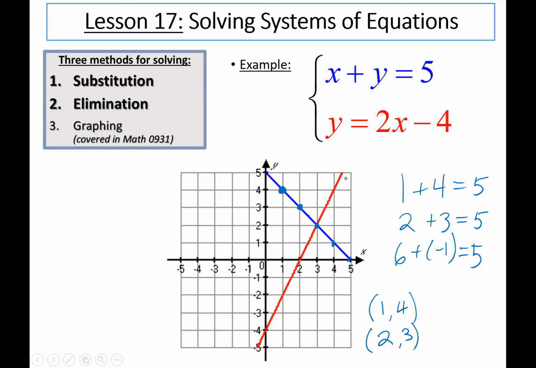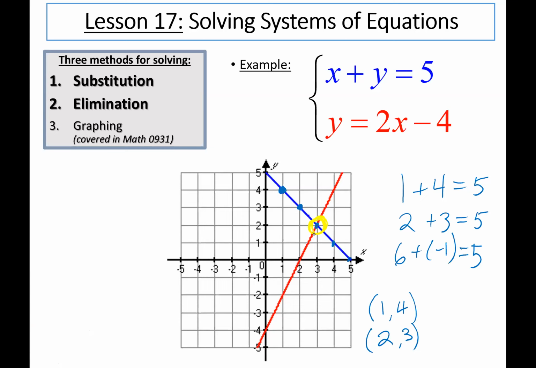Now, the main takeaway from looking at this graph example, kind of out of nowhere, because you haven't officially learned how to graph lines, and that's okay. The red line and the blue line intersect each other at only one point. So for most of the systems of equations that we're going to see, there will be one pair of numbers that will work for both equations.